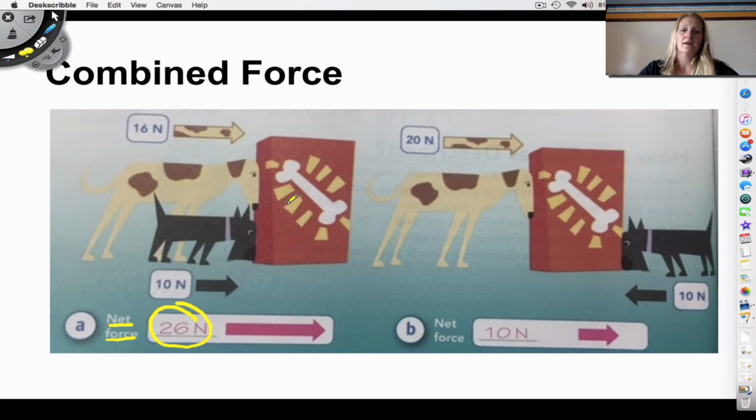Whether or not this moves is still another calculation and discussion, but it at least is being pushed by 26 newtons. And here again, here are two dogs pushing in opposite directions. This one is pushing with a force of 20 newtons, this one 10 newtons in the opposite direction, so the net force difference is 10 newtons. So what happens if two things are pulling on the same item and they are both equally strong?